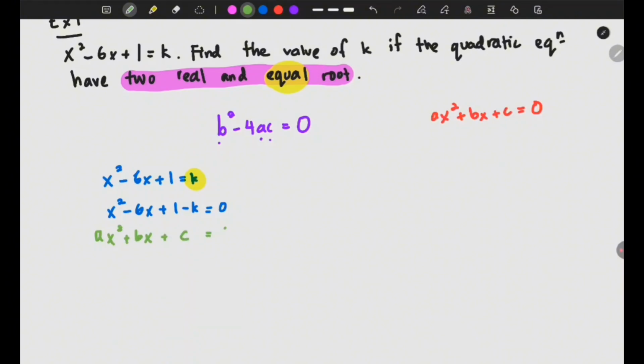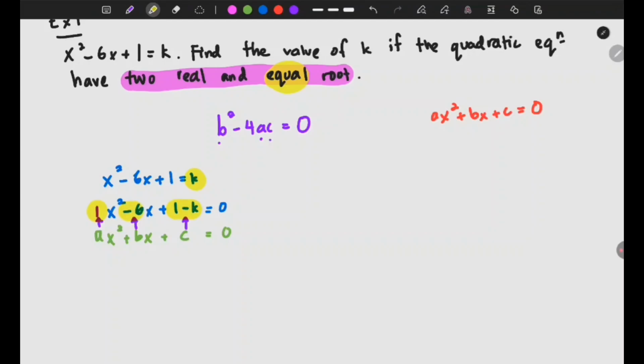Your a is this, but there's nothing, so we assume it's 1. Your b is negative 6, and your c is 1 minus k. Let me highlight: 1, negative 6, 1 minus k. You can't just take 1. There's negative k there, so you need to take that.